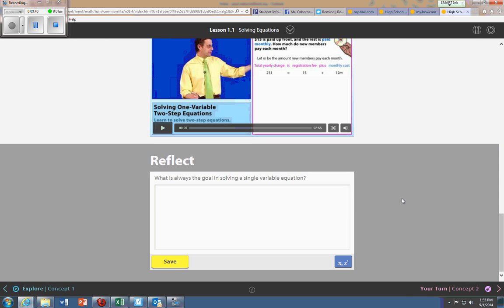So if you want, you can pause right now and reflect to yourself, what is always the goal in solving a single variable equation? I'll give you a second to think about that. I would say the goal in solving a single variable equation is to use the properties of equality to find the value of the variable or variables, we're not there yet, that make the equation true.